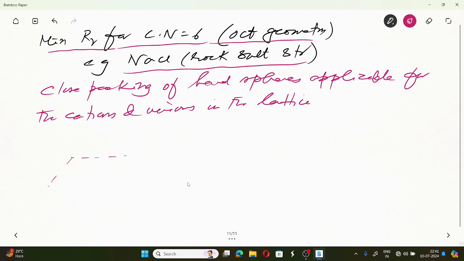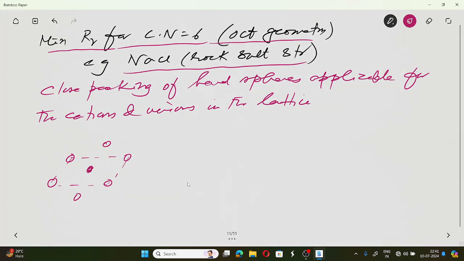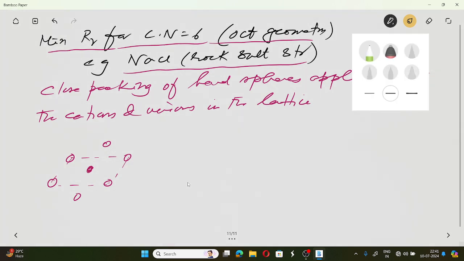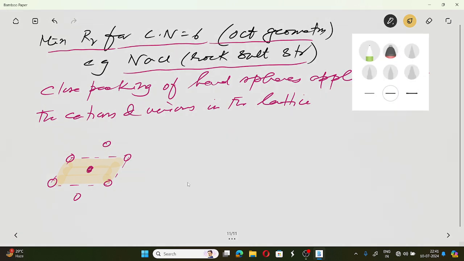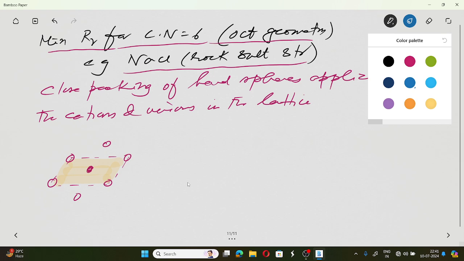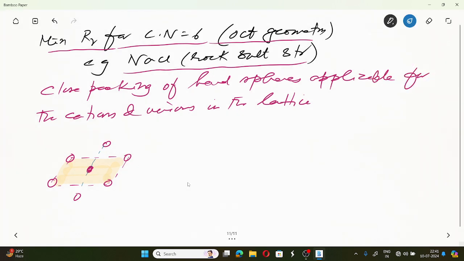Okay, so if you look at the octahedral geometry, say these are the anions, and this is the central cation. Now if you look at this plane, we will be interested only in this planar portion, because the rest you can manage. See, it's like this. This is the octahedral geometry.